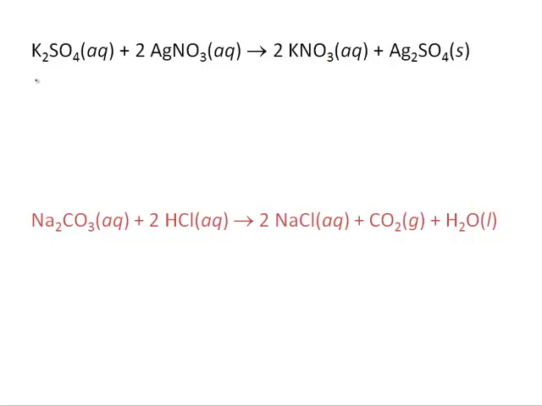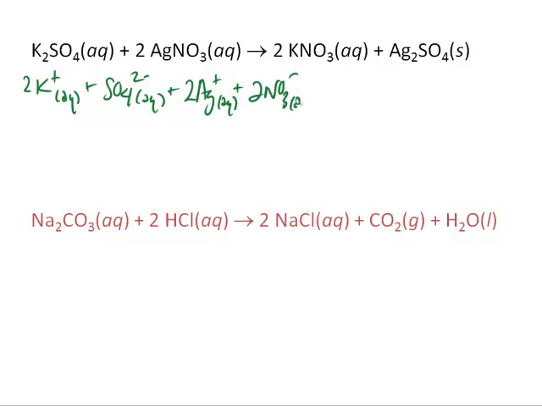So potassium sulfate really means that we have 2 moles of potassium plus 1 sulfate 2 minus polyatomic ion. Silver nitrate is 2 silver plus aqueous plus 2 nitrates. And they produce 2 moles of K plus aqueous again, and 2 nitrates plus our silver sulfate.